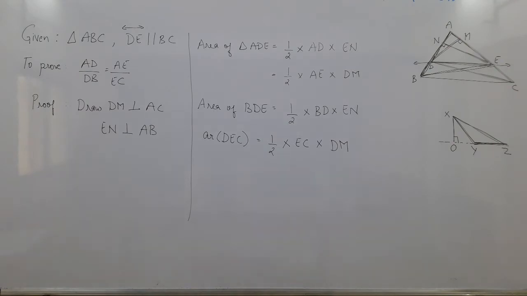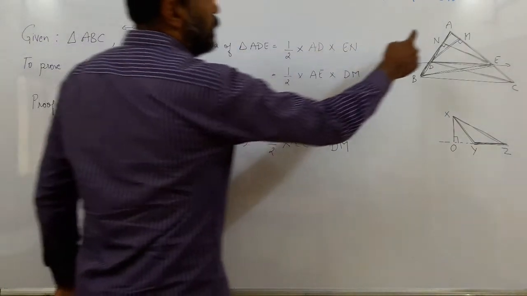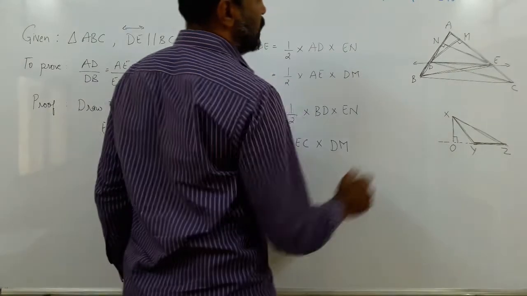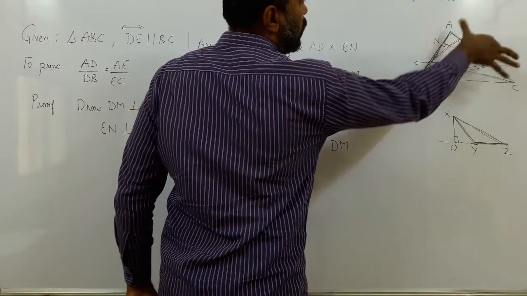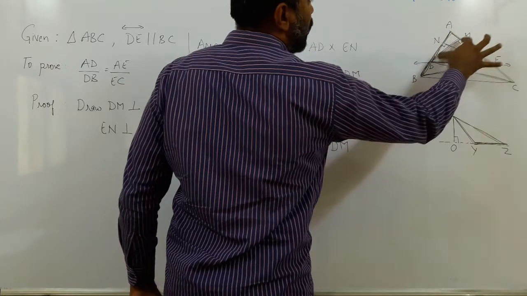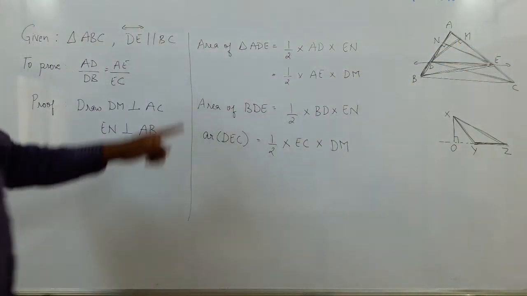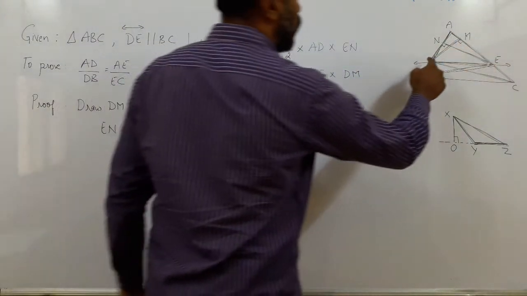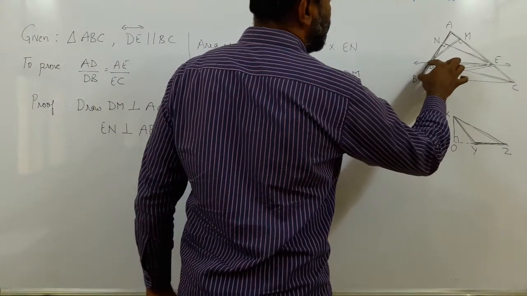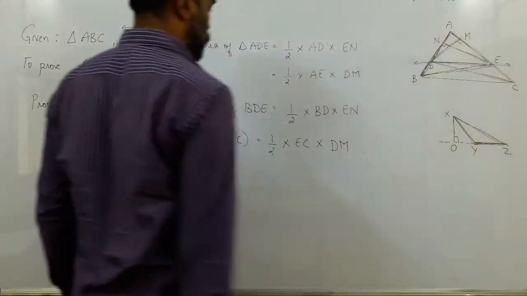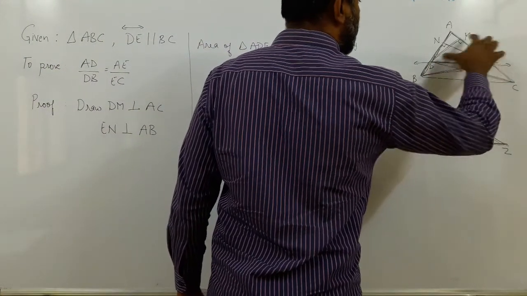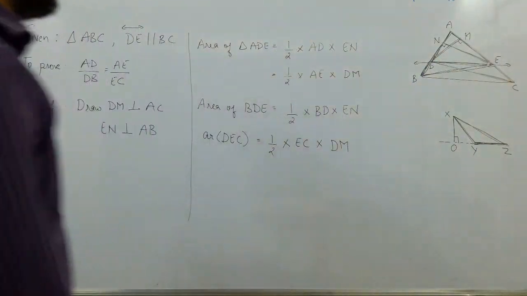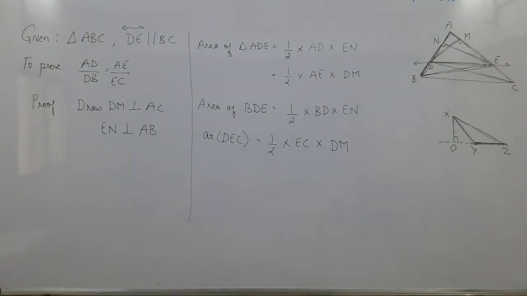The first four steps. Again, triangle ADE can be written in two ways. If AD is the base, EN is the altitude. If AE is the base, DM is the altitude. Area of triangle BDE: BD is the base, EN is the altitude. And area of triangle DEC: EC is the base and DN is the altitude. So we have found out the areas.